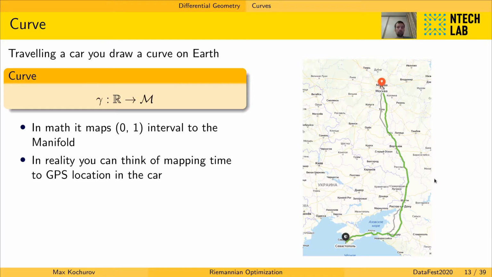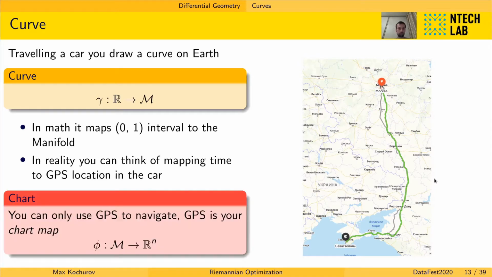In reality, you may pick one of the maps from above and think it's your GPS that's telling you the coordinates where you are. And you can make a connection between your position and the GPS coordinates.